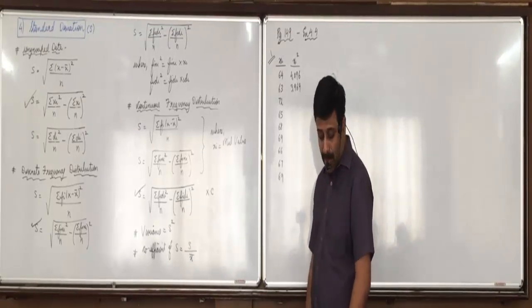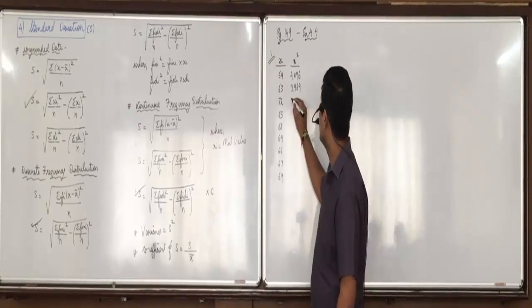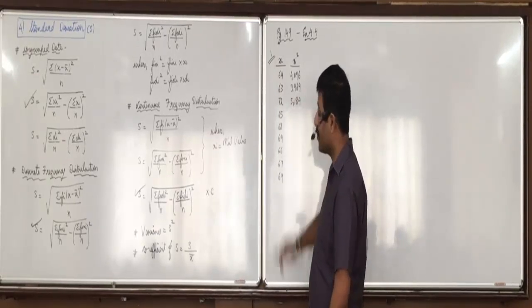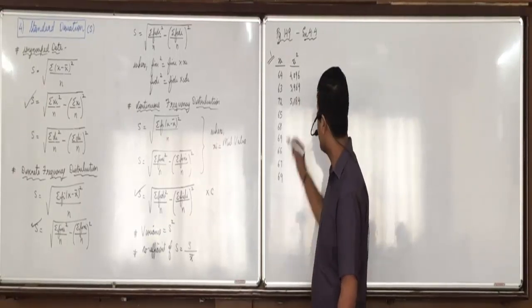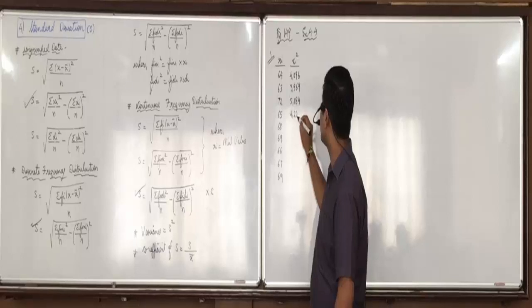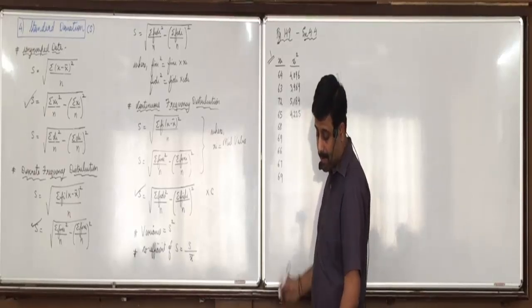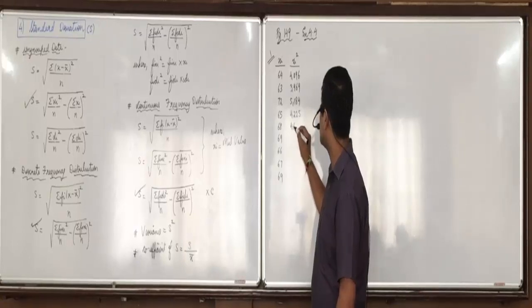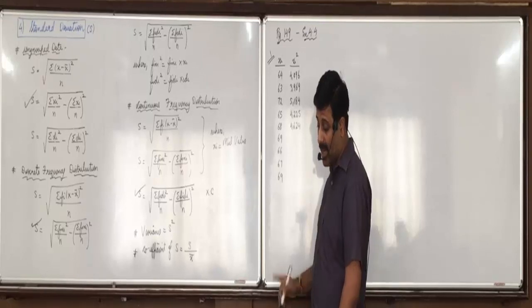Do 72 into m plus, 5184. Do 65 into m plus, 4225. 68 into m plus, 4624. 69 into m plus, 4761.